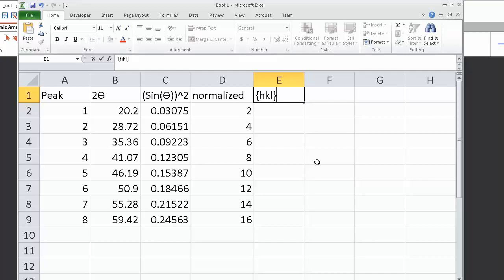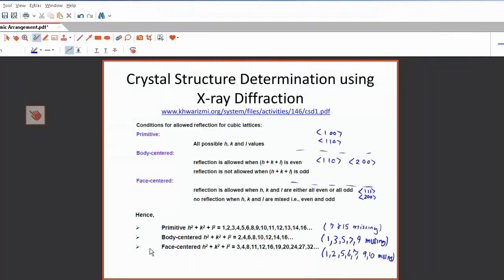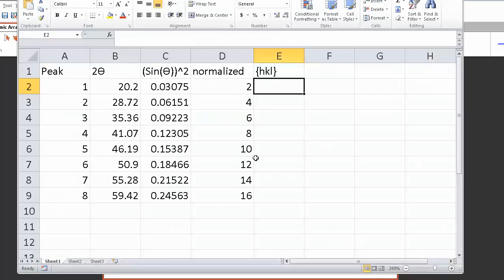There we go. So 2, this is telling us that h squared plus k squared plus l squared equals 2. Now let's have a look at the selection rules again. And we see that for body-centered cubic, reflection is allowed when the sum is even.